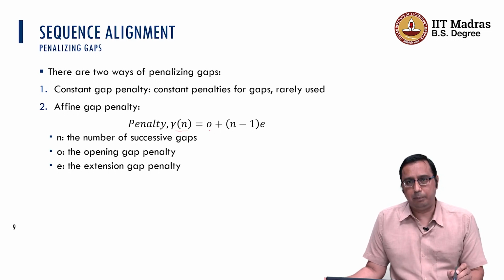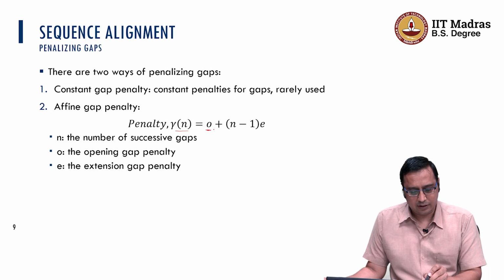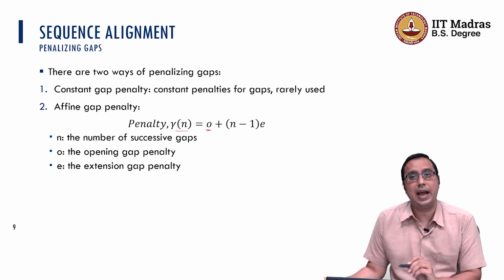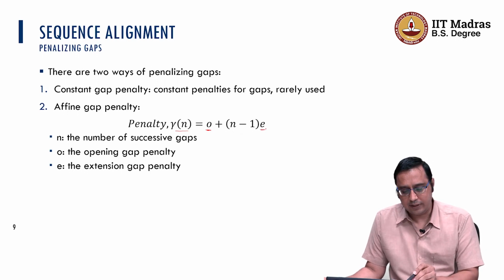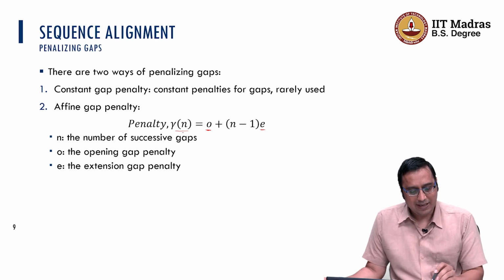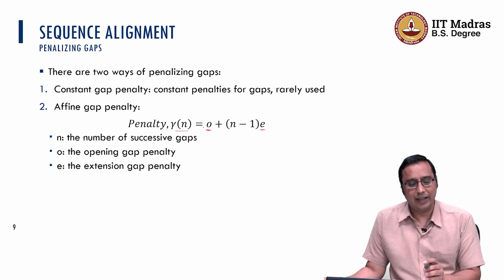The opening gap is designated as O. A subsequent extension of that gap, which is the rest, n minus 1, is given a designated penalty of E. So, we give a certain penalty for opening and then a subsequent penalty for extension.